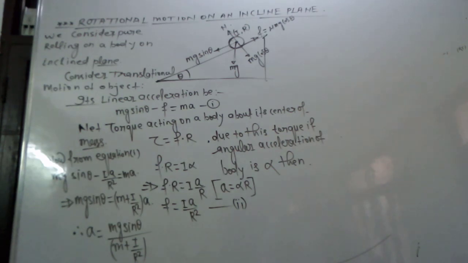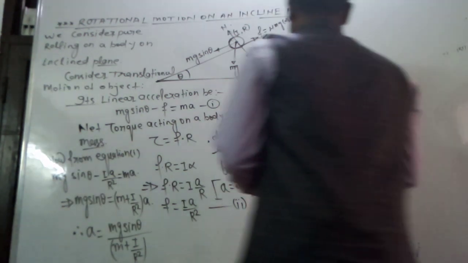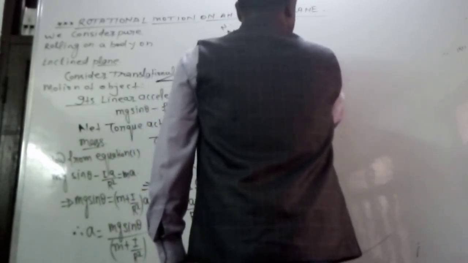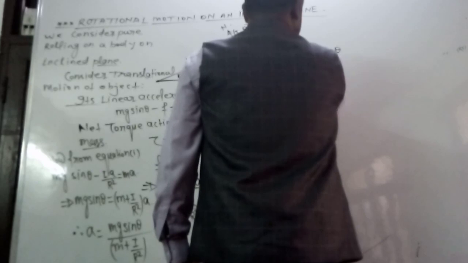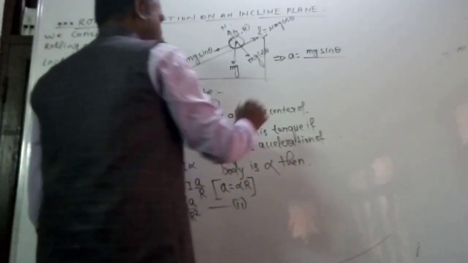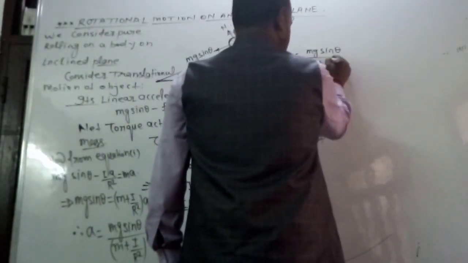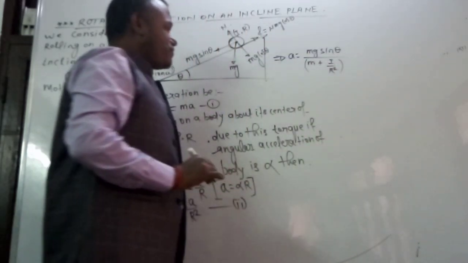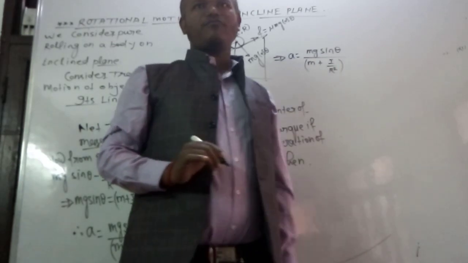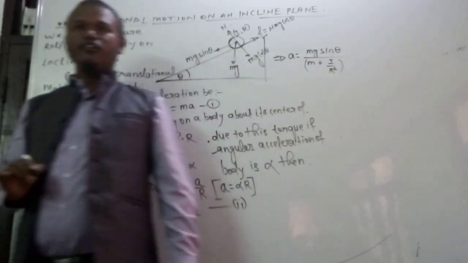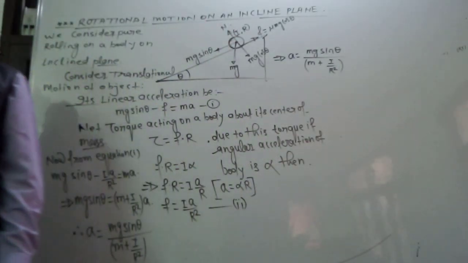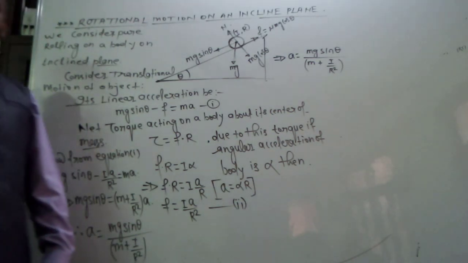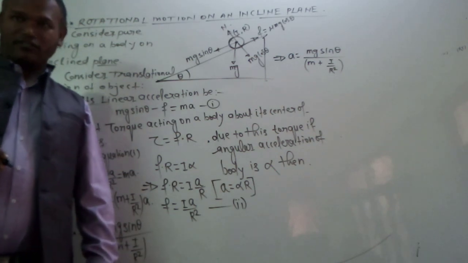So the final result is that the acceleration of the body is mg sin theta by m plus I upon R square. Sometimes it is also written as I equals mk square. We write down I equals mk square. Here m is the mass of the body and k is the radius of gyration. Are you understanding?